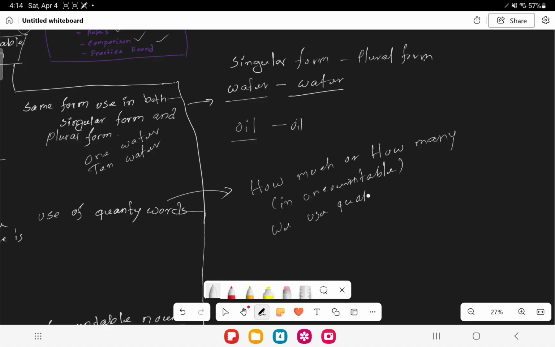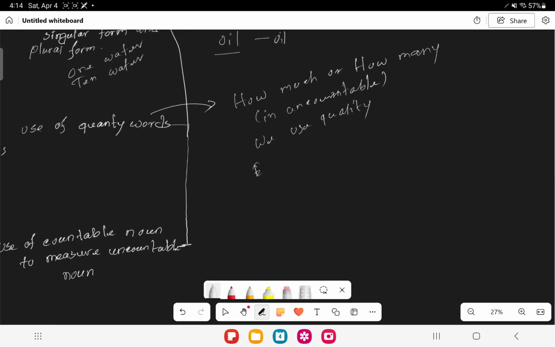So what are the quantity words? For example, some, much, a plenty of.